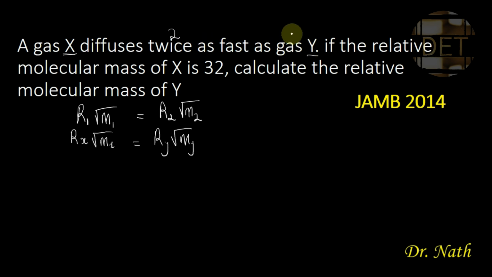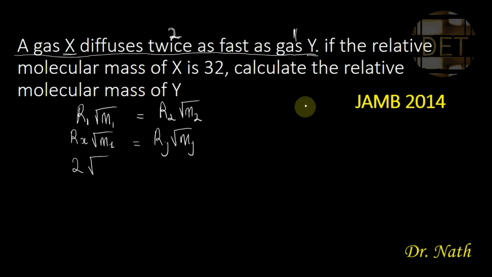So if the rate of diffusion of gas Y is 1, that of X will be 2, because gas X diffuses 2 times as fast as gas Y. So instead of writing Rx, I will now write 2.